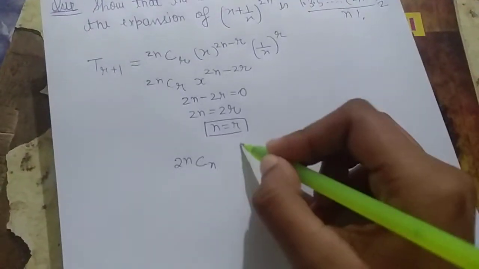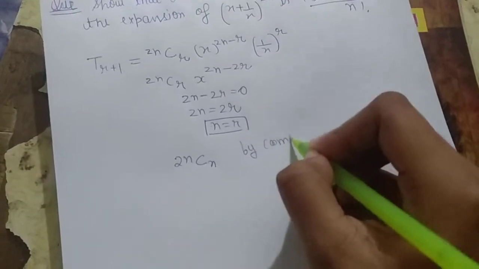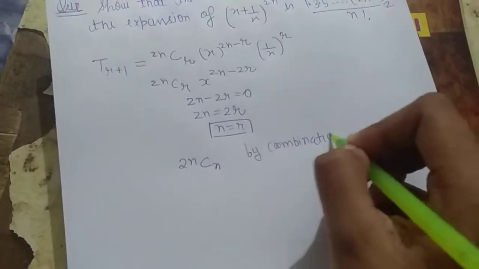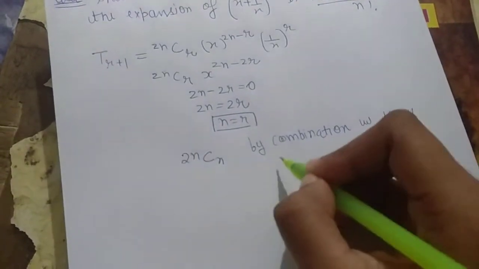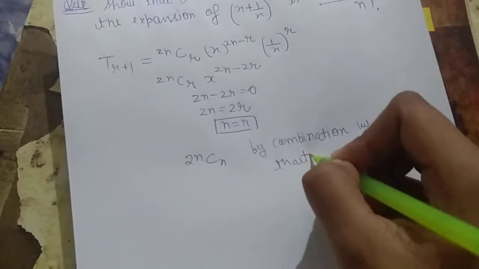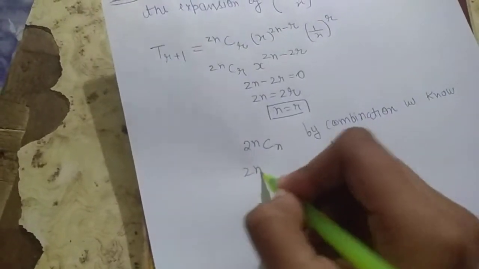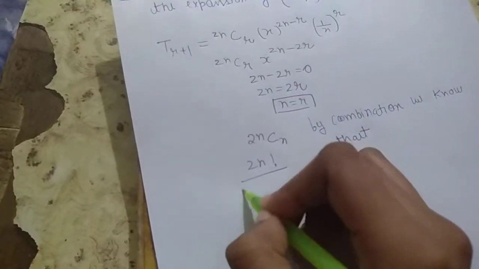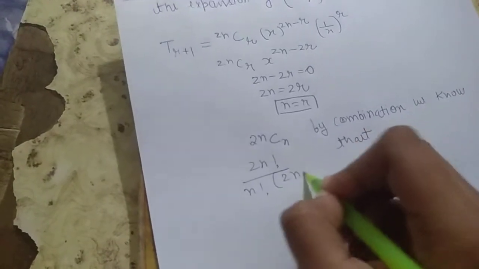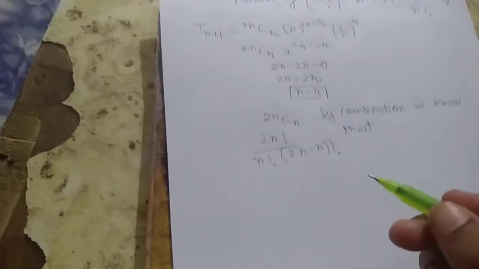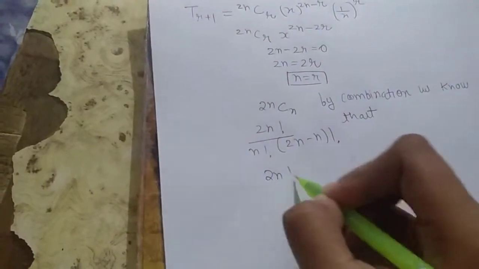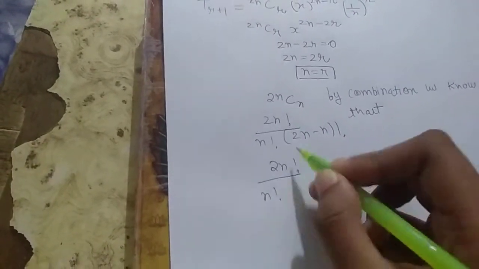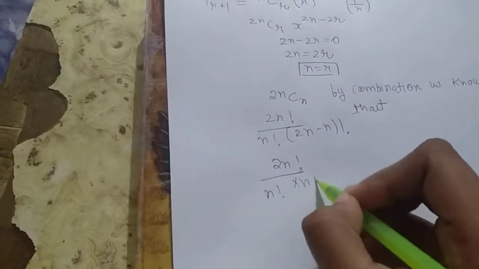And now by combination, we know this can be solved as 2n factorial by n factorial into (2n minus n) factorial. Guys, this is very basic knowledge that by factorial or by combination we can solve in this manner. So what we get is 2n factorial by n factorial, and 2n minus n is n factorial.